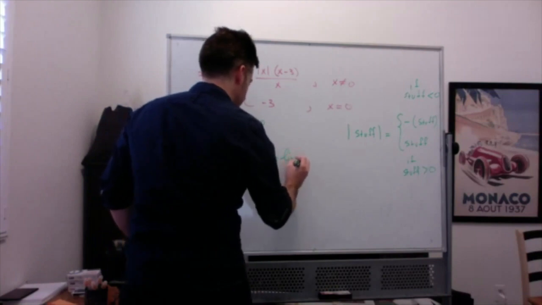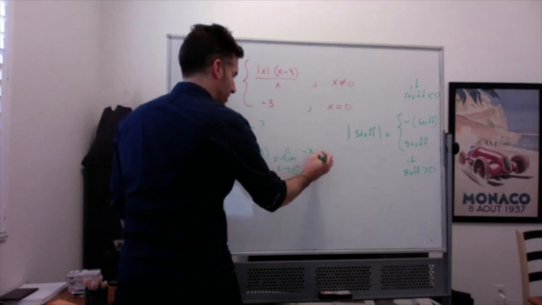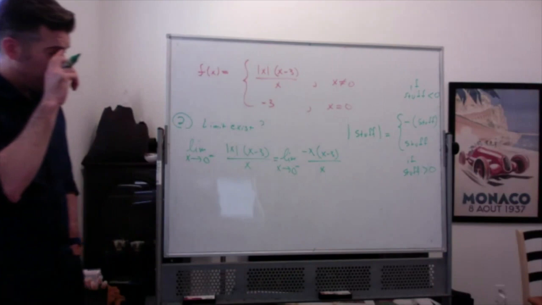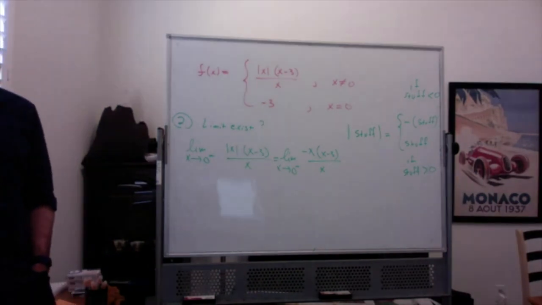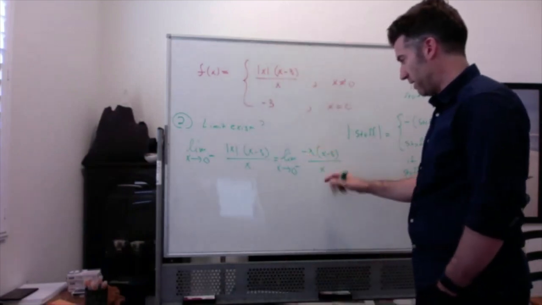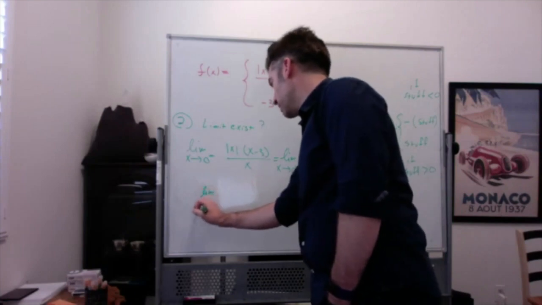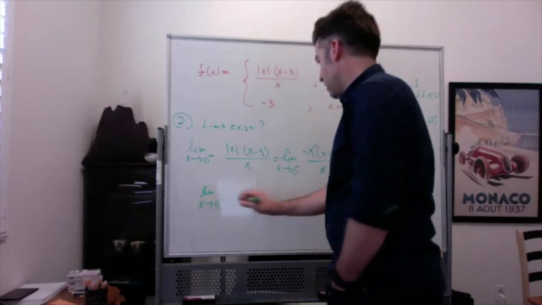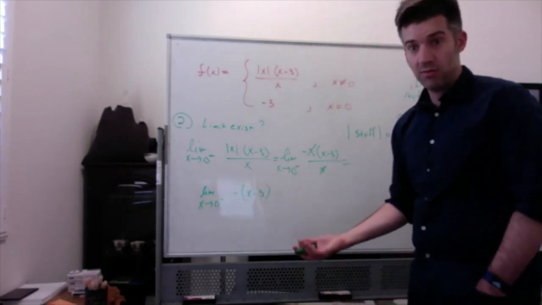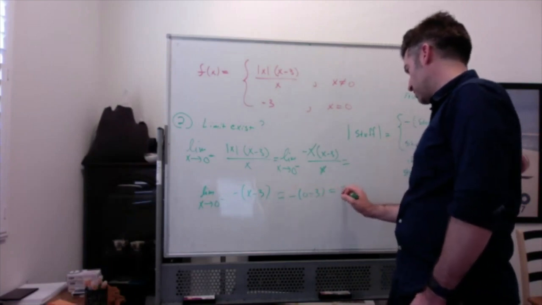So the limit as x goes to 0 from the left, negative x times x minus 3 all over x. The x's cancel, right? X divided by x is just 1. So it's the limit as x goes to 0 from the left of negative x minus 3. Now we can plug in 0. Negative 0 minus 3 is negative 3, which is 3.